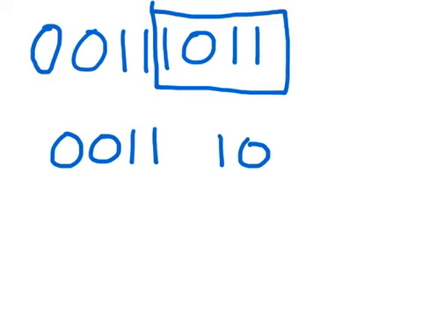There's 2 reasons why we do that. The first is it makes it easier to read the binary number. The second is that there is a number counting system that I'll show you soon called hexadecimal, and it is much easier to work with hexadecimal and binary if you write your binary numbers in sets of 4.